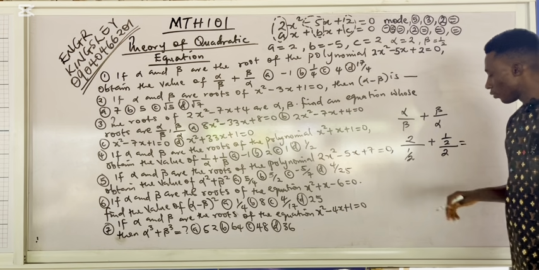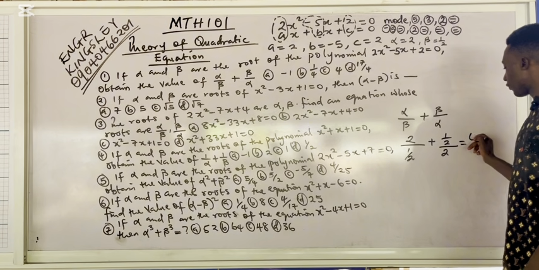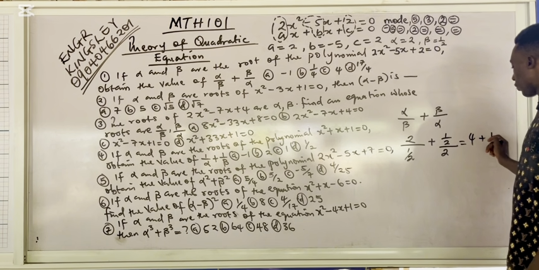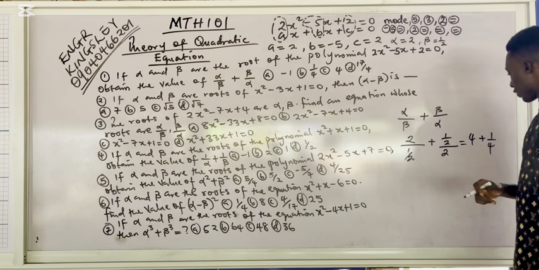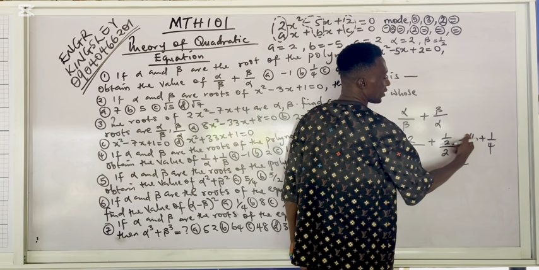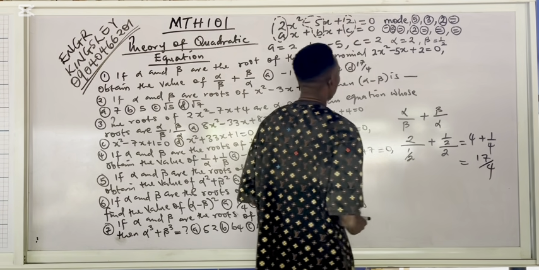Moving on, when we press this in our calculator, you discover that the whole thing here is 4 plus the whole thing here is 1/4. Which will end up giving us our final answer: 16 plus 1 over 4, that is 17/4. We check our options.